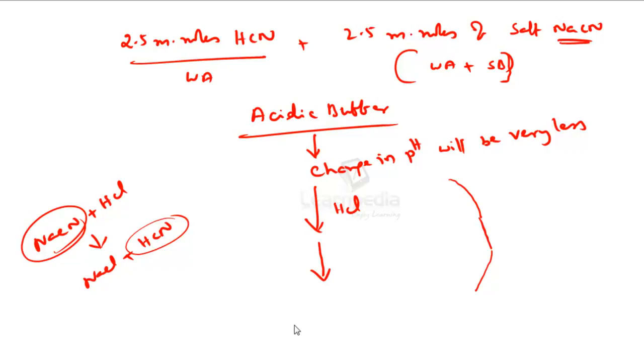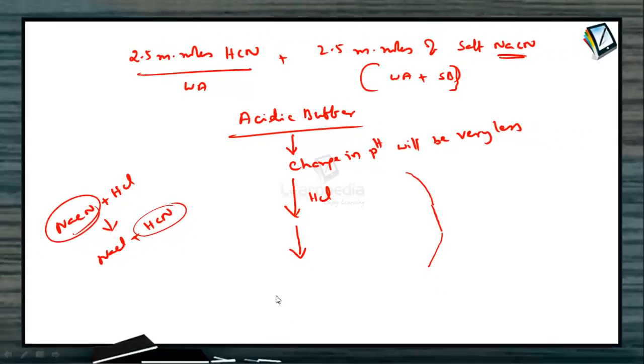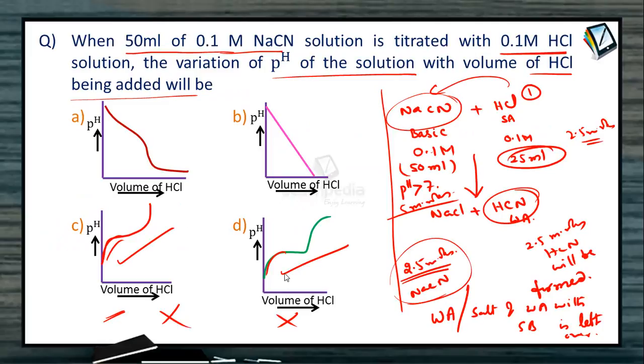So let us observe the four curves given. C and D are already ruled out, and if we observe curve B, it is continuously decreasing throughout the titration process. Whereas in curve A, it is decreasing, then in this part it remains almost constant, and again decreasing and then steadily remaining.